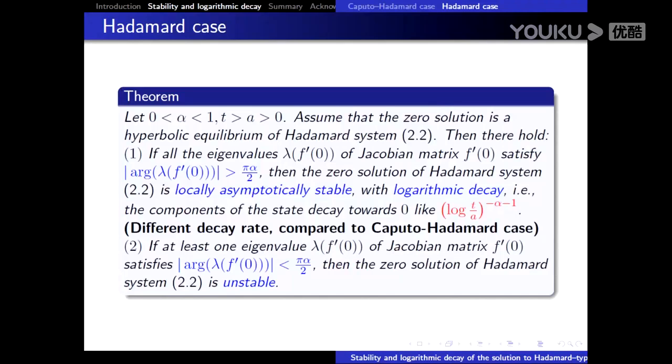That is, the components of the state decay towards zero like this. Compared to the capital Hadamard case, it has a different decay. For the capital Hadamard case, here is minus alpha, but here is minus alpha minus 1. If at least one eigenvalue of the Jacobian matrix satisfies this, then the zero solution of the Hadamard system 2.2 is unstable.